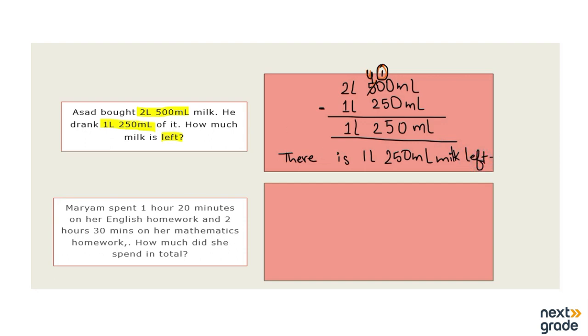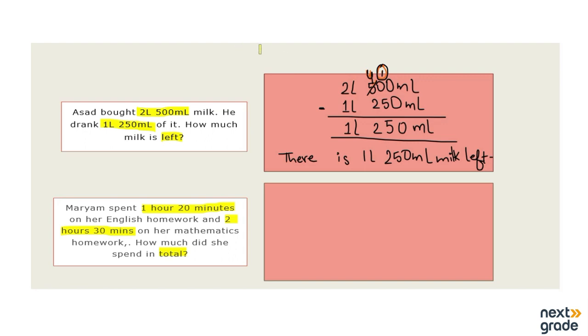Next question, let's read it together. This is related to the time, and we have practiced the time questions as well. Mariam spent 1 hour and 20 minutes on English homework, 2 hours and 30 minutes on her mathematics homework. How much did she spend total?